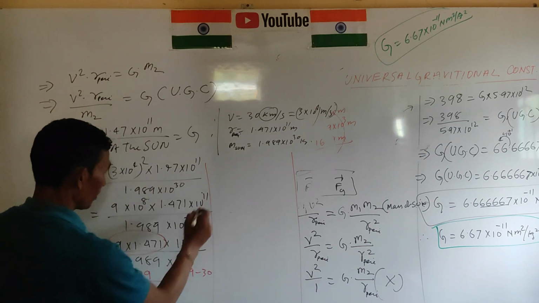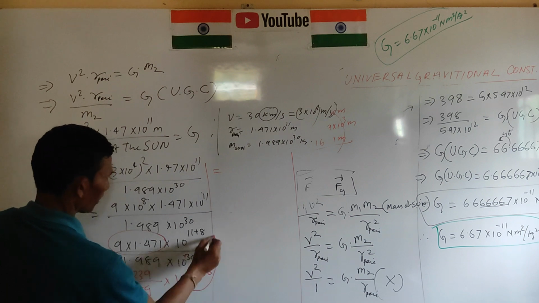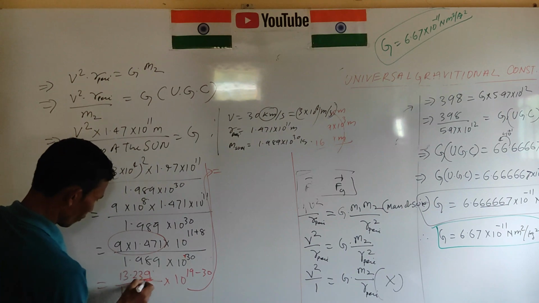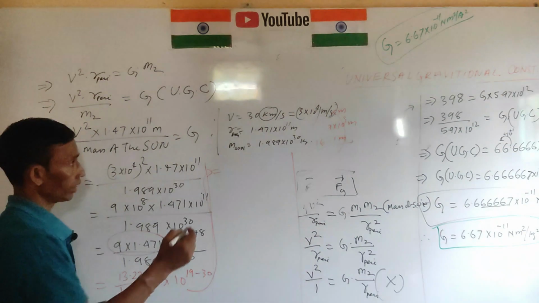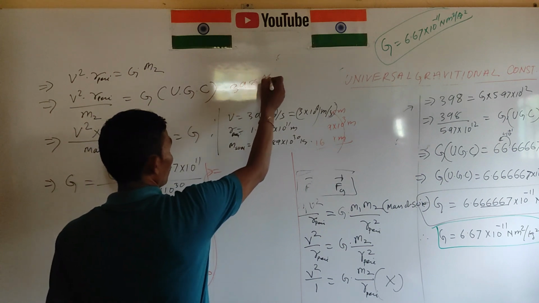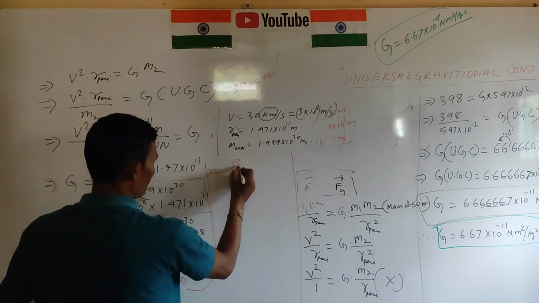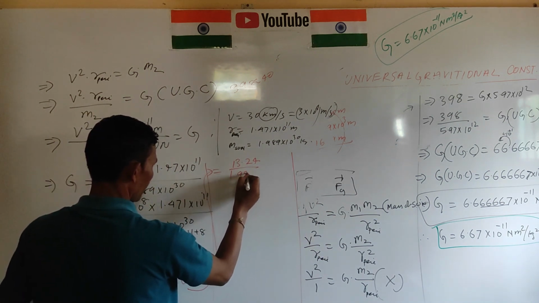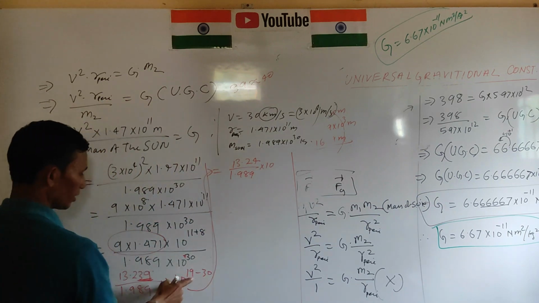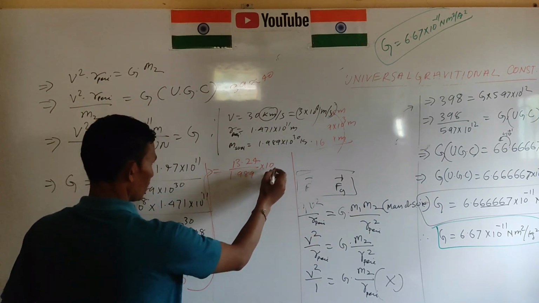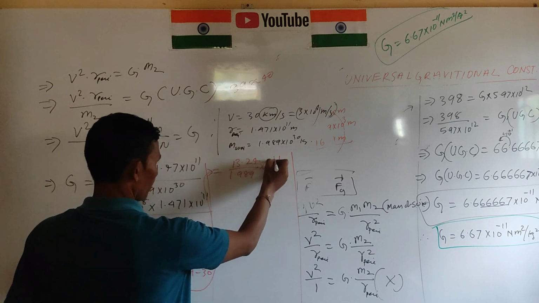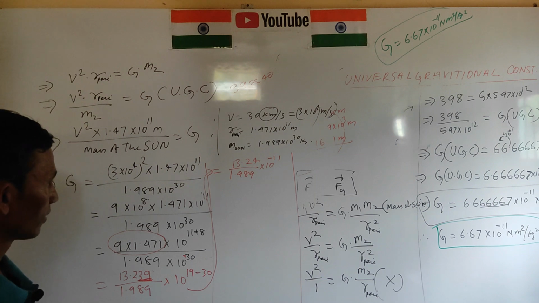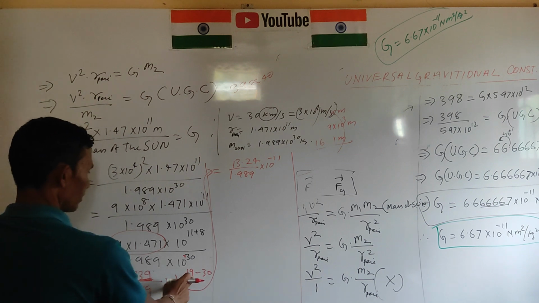So now we write here, like this. 39 is approximately 40. So here is 13.24, and this is 1.989 into 10 to the power 19 minus 30, which is minus 11.